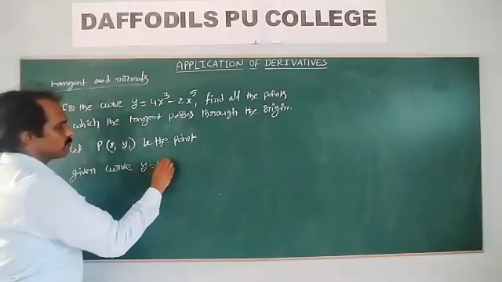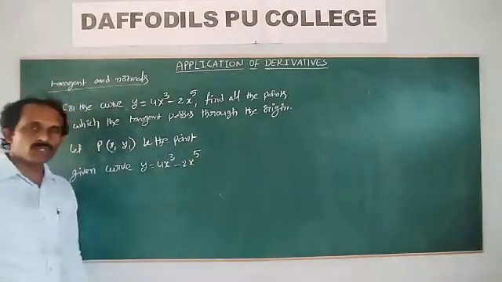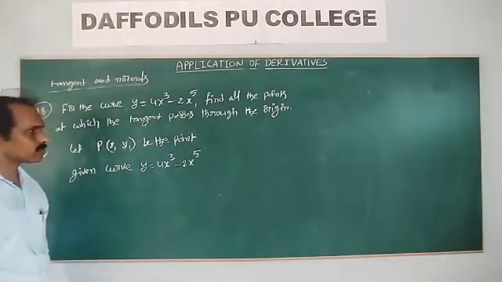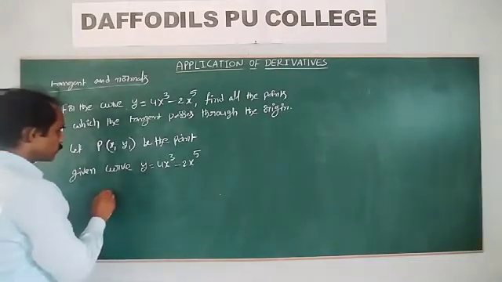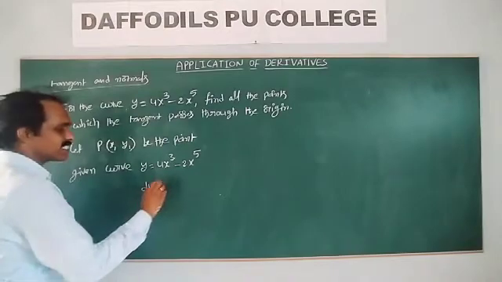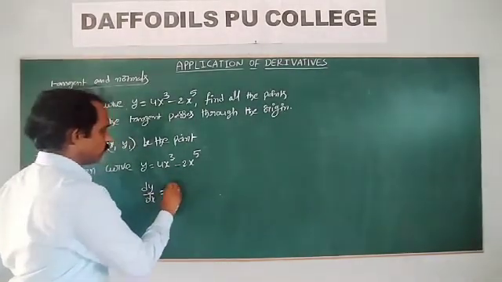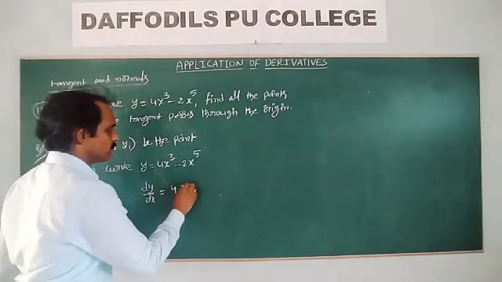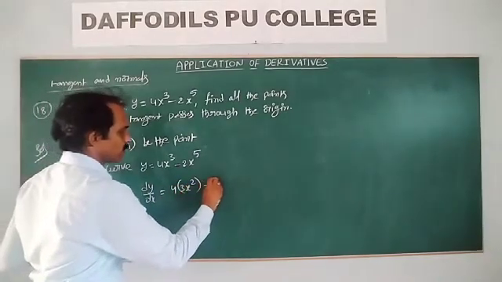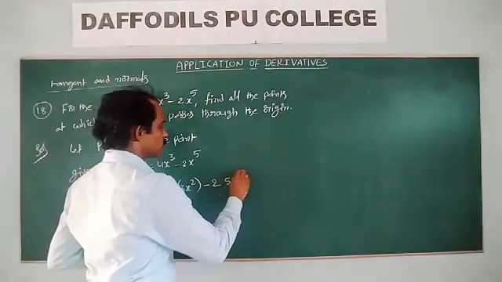Given the curve y is equal to 4x cube minus 2x to the power of 5. Slope of the tangent: differentiate with respect to x, dy by dx is equal to 4 times the derivative of x cube, 3x square, minus 2 is the constant, times the derivative of x power 5, 5x to the power of 4.